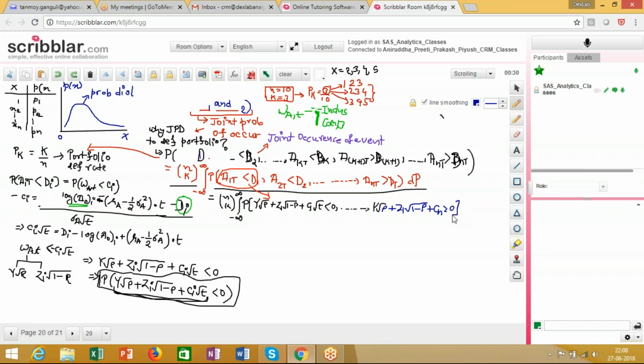So over here, observe that in this loan equation, there are a few important characteristics that we can observe. First is, there are only two possible outcomes. What are the two possible outcomes over here?